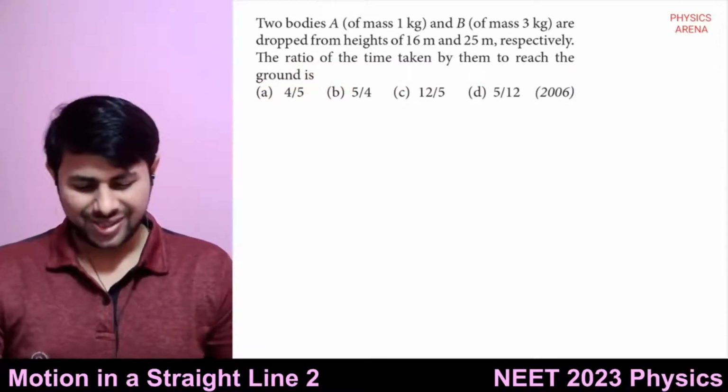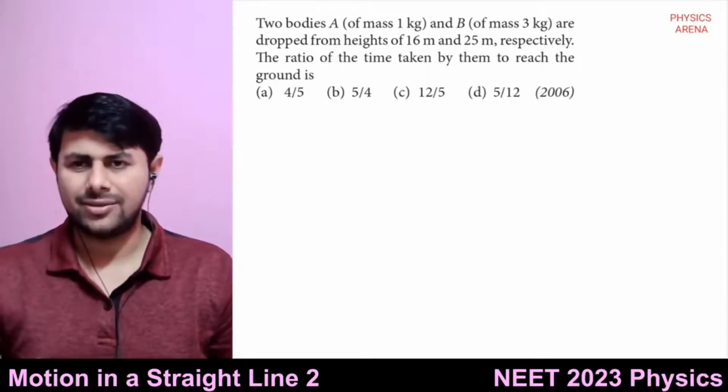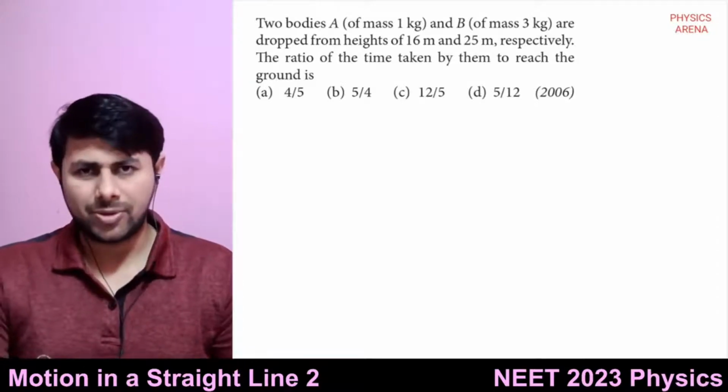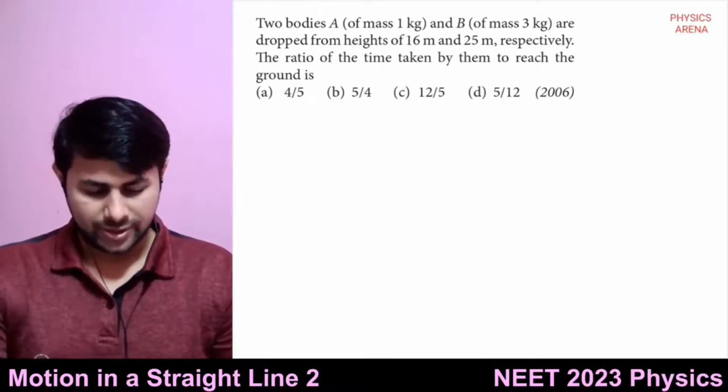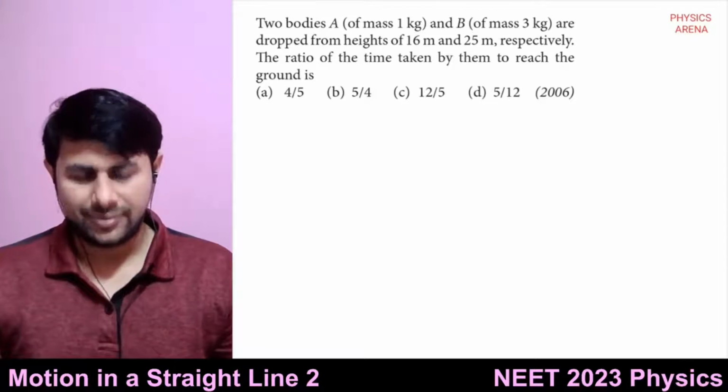So does the acceleration due to gravity depend on the mass? No. They will experience the same acceleration, which is 9.8 meters per second square, and we'll take it as 10 approximately.